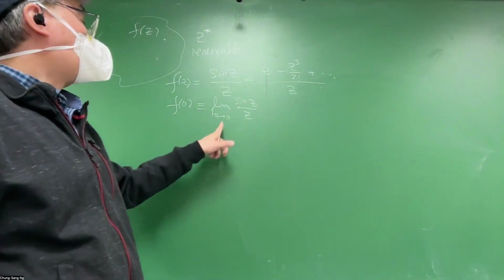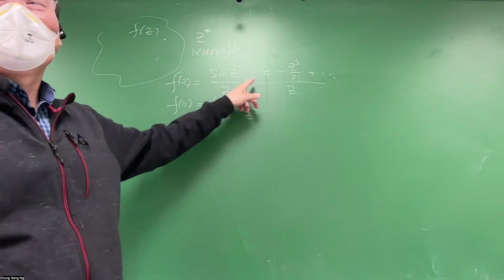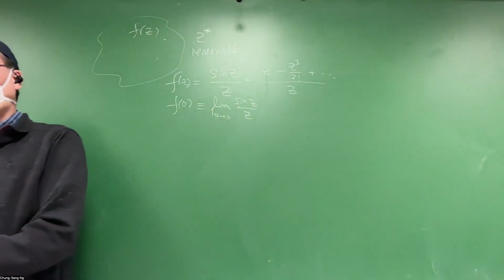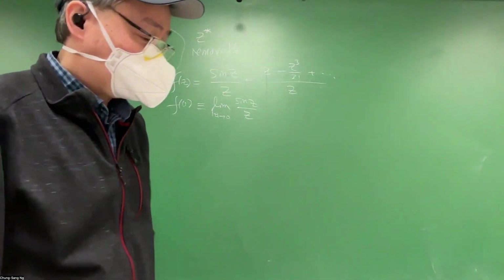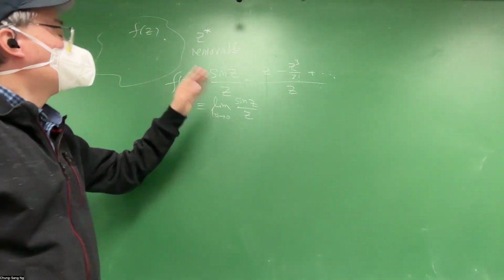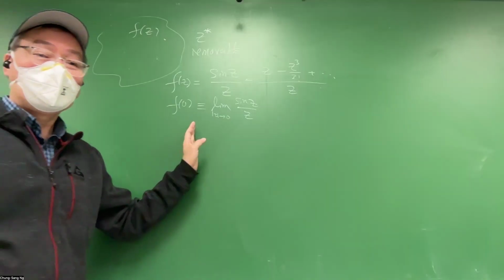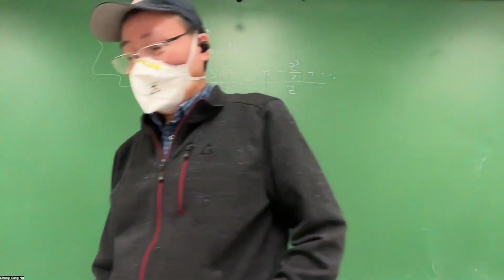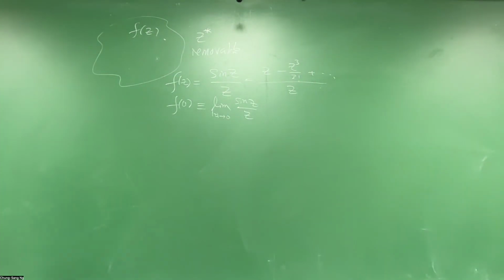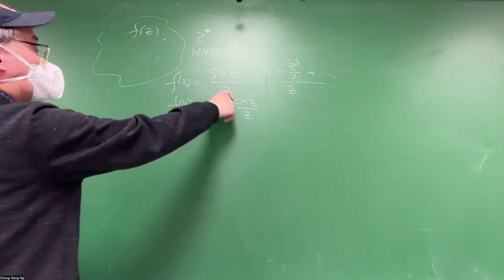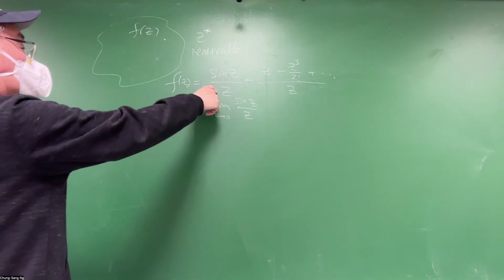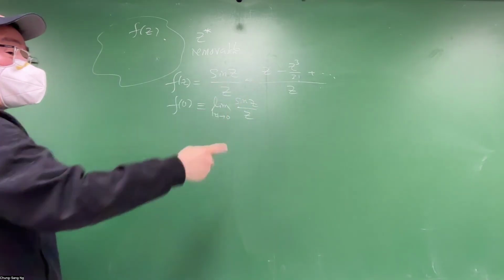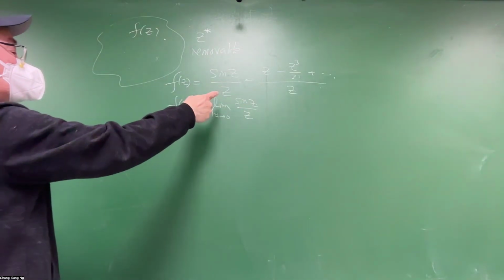A series expansion is like taking a limit. So what we call it is that you can remove the singularity. The useful thing about this is that it's not really singular. It's just a regular point if you remove the singularity.